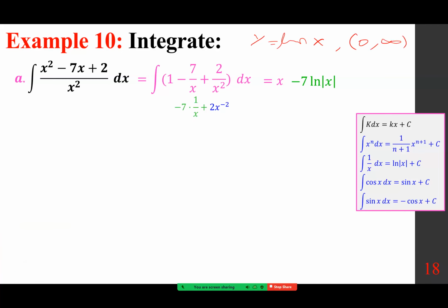To be on the safe side, we use an absolute value. Now, the last part, 2x to the power of negative 2. For this one, we're going to say 2 over negative 2 plus 1, x to the power of negative 2 plus 1, which makes it minus 2 x to the power of minus 1. So minus 2 over x plus a constant.